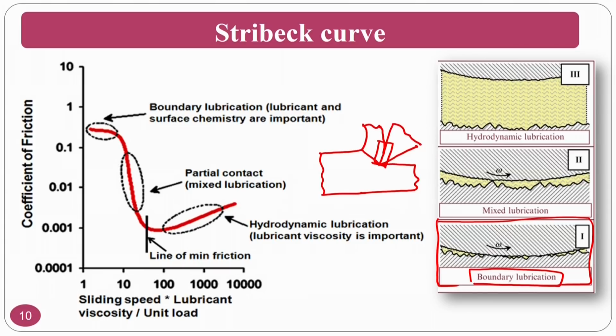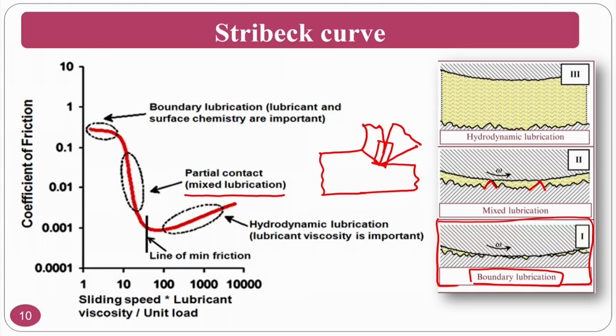Next comes partial contact, that is called mixed lubrication. Only big asperities come in contact, but there is a thin film of lubricant layer, which is called mixed lubrication. There is a variation in surface roughness on the tool, as we have seen already in the previous class.